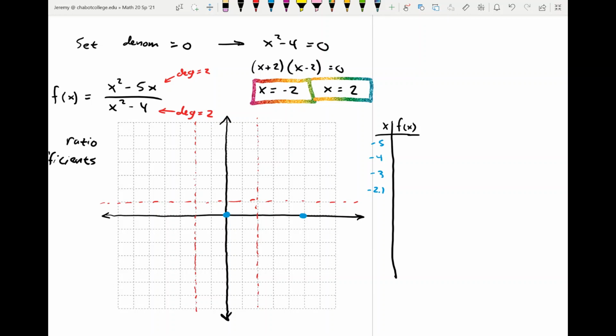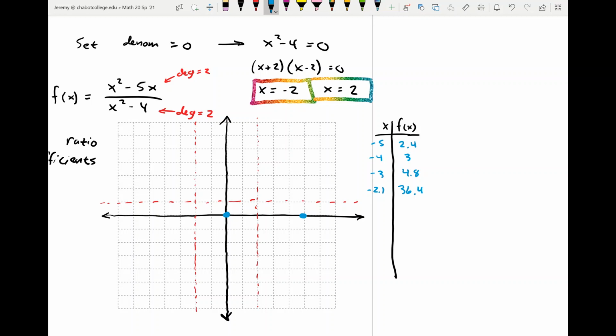So okay, let's do this. I put in -5 in my calculator and I'm getting about 2.4. I put in -4 and I get 3. I put in -3 and I get 4.8. And I put in -2.1, and I get 36.4.